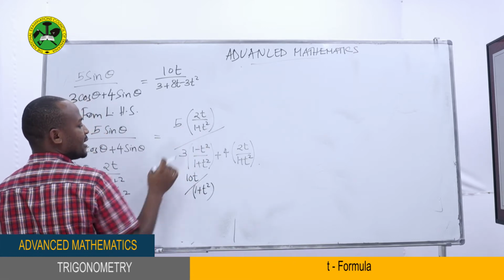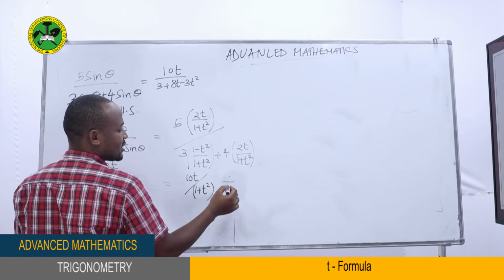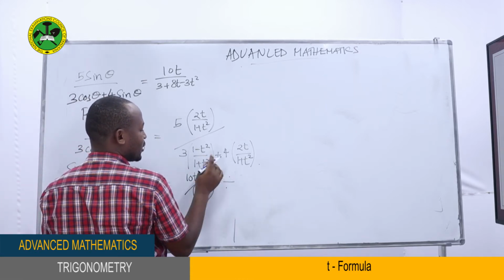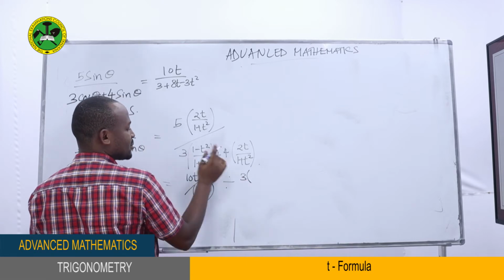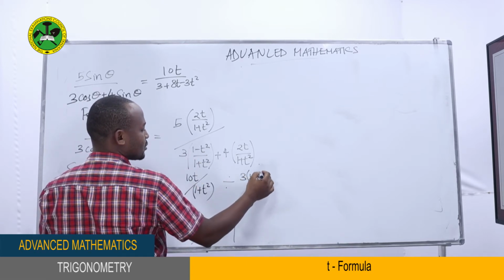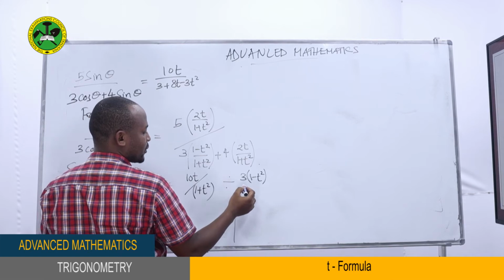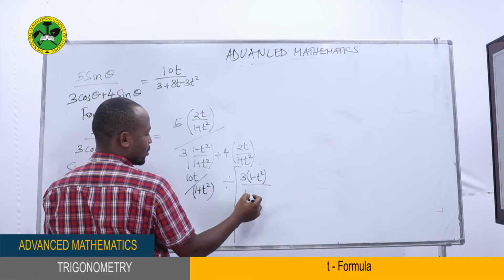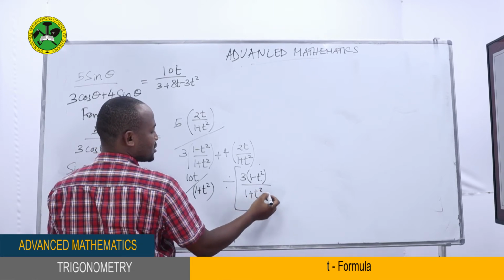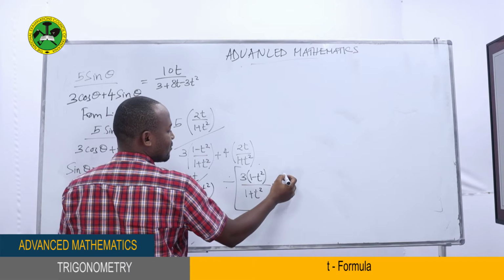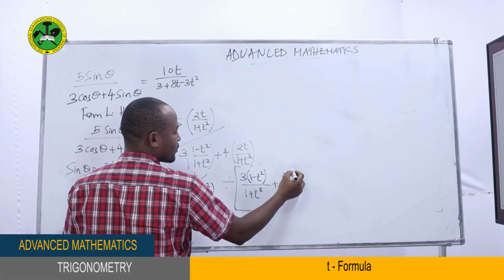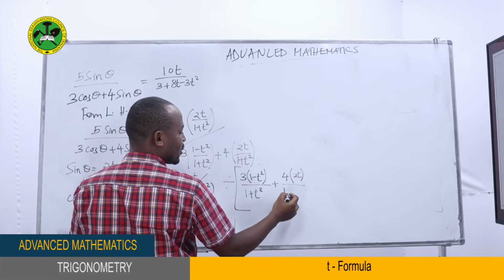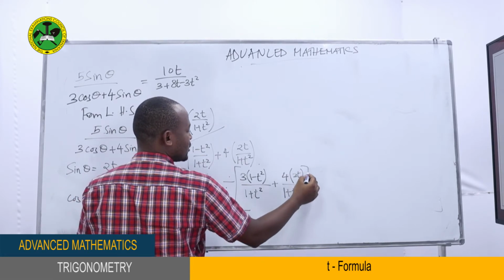If you don't understand writing these lines, you can just say we divide by 3, multiplied by 1 minus t square over 1 plus t square, remembering we have the brackets there, plus 4 multiplied by 2t over 1 plus t square.